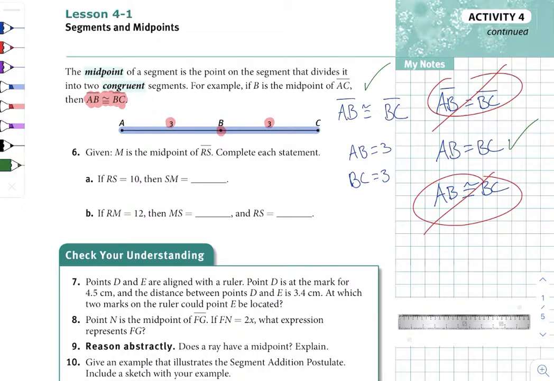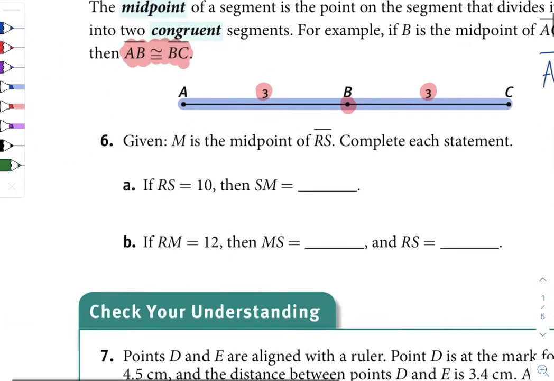All right, so let's take a look at number 6 here. It says if RS equals 10, then SM equals. So what I find helpful is drawing a picture, right? And you have to kind of read this right here to draw that picture. Given M is the midpoint of RS.